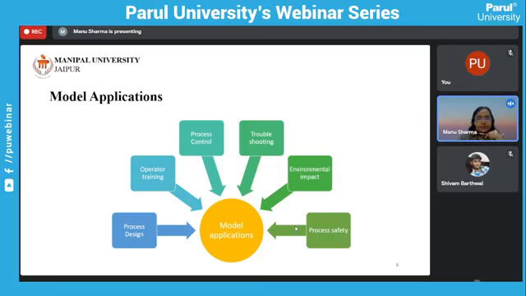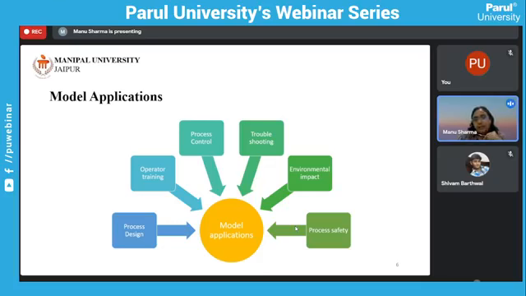Controlling the process, we have already discussed. If any disturbances occur, we can put that disturbance into the mathematical model and we can generate the output of the system, and accordingly we can decide upon the process control strategy.